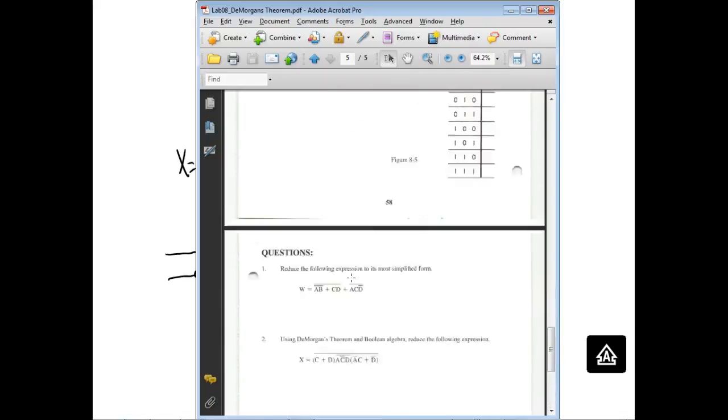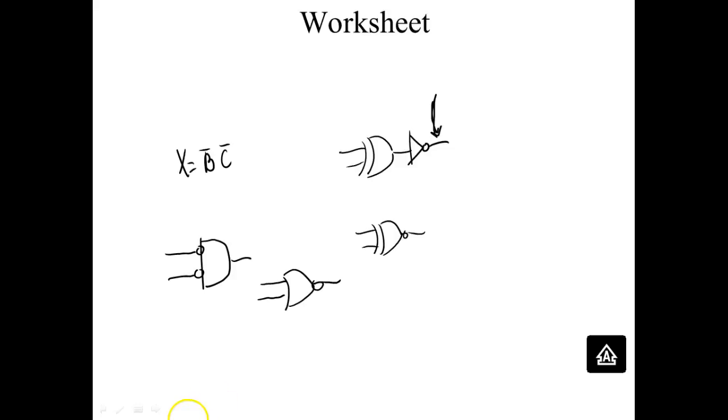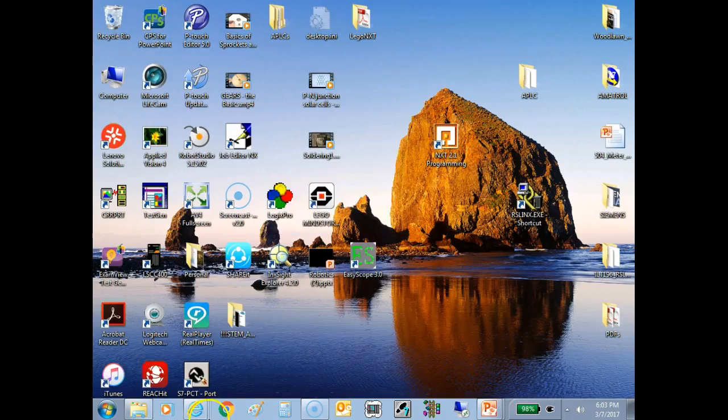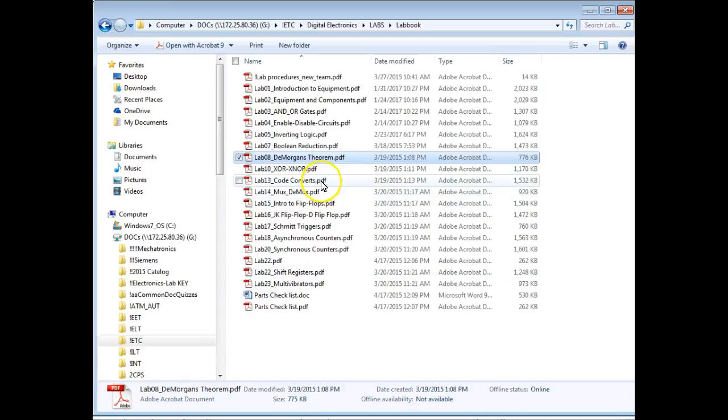So all you're going to do is hook them up not reduced, and then hook them up reduced. Then I think that's this one. Let me look. It seems like we have another lab that's more complex than that. No, this is it, lab 7. Let me bring this one up.